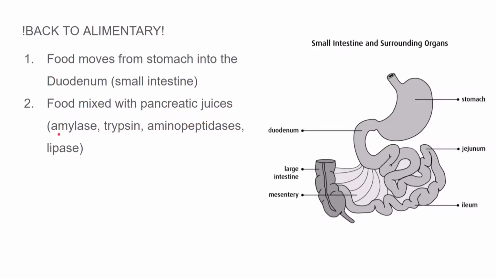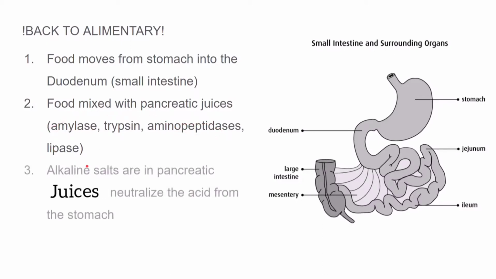So these pancreatic juices contain amylase, trypsin, aminopeptidases, and lipase, as we said before. And these pancreatic juices also contain alkaline salts. And this is because we need to neutralize the stomach acid that we have passed our food through, because the enzymes in our pancreatic juices don't work well in an acidic environment. So we need to neutralize these.